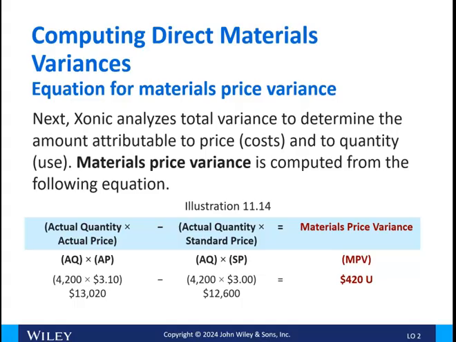So 4,200 pounds times $3 gives us $12,600. Okay, so we have the same quantity on both sides. We just are changing the price. One is our standard of $3, one is our actual of $3.10. So we get a materials price variance of $420 unfavorable.